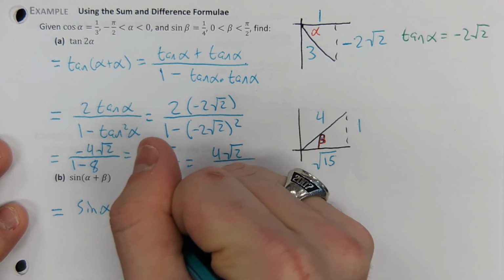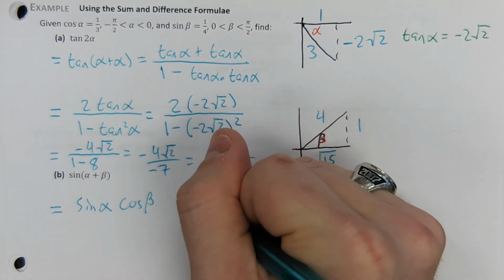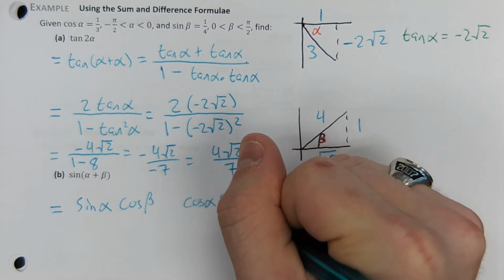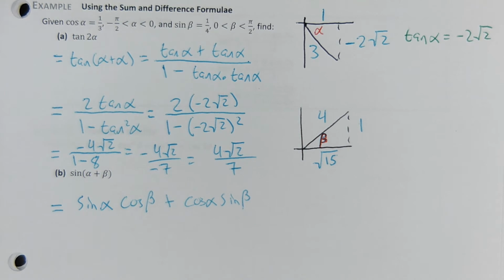Sine cos, cos sine, same symbol. So I'm seeing the other things that we're going to need. We need to know what sine of alpha is, cosine of alpha, sine of beta, cosine of beta.